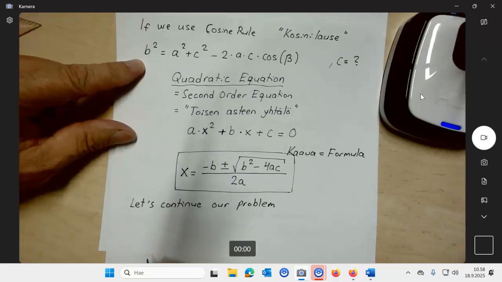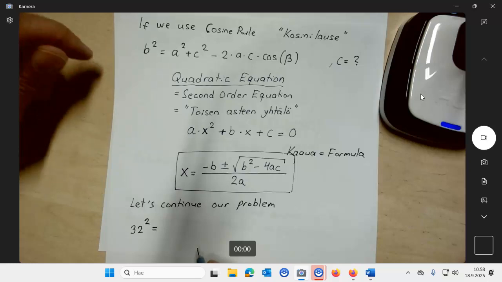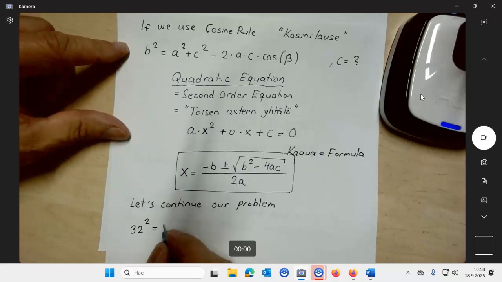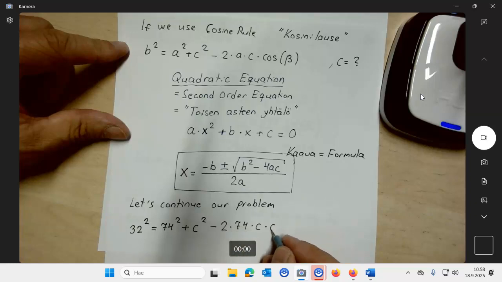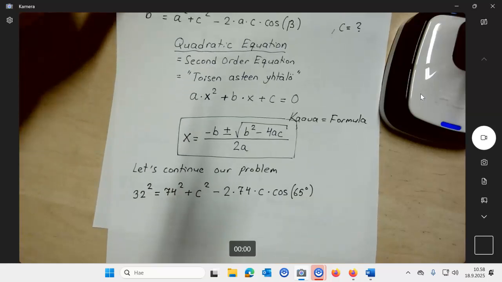We had b, which was 32, squared equals a was 74, c was unknown here, minus 2 times 74 times c times cosine 65 degrees.